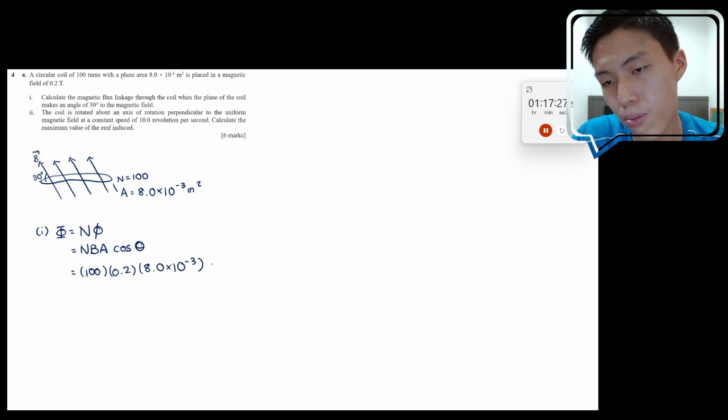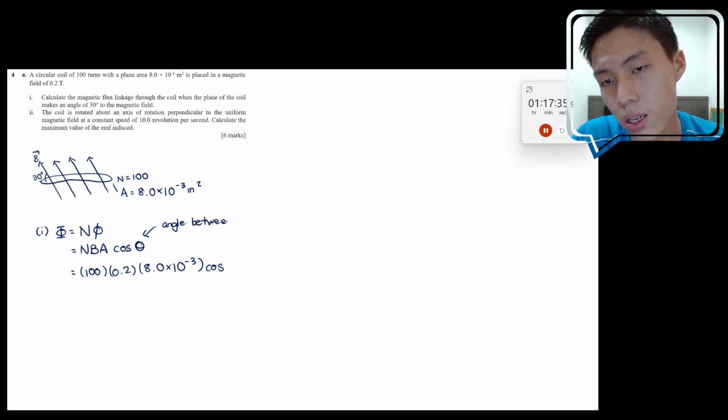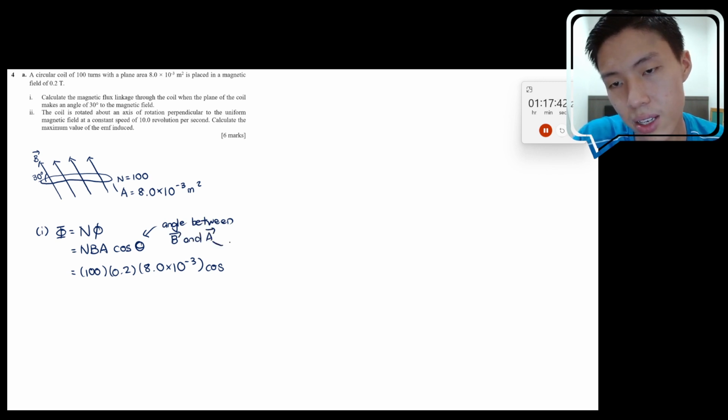But here's what many students got wrong. This theta here is the angle between B and A. But you have to be very careful. The area vector here has a direction perpendicular to the plane of the area.